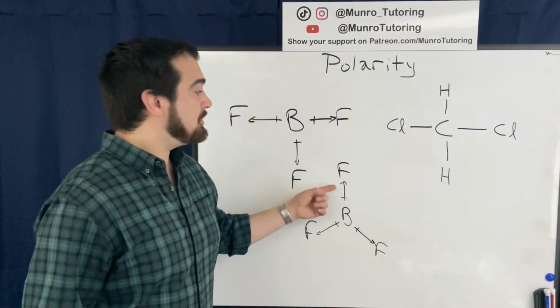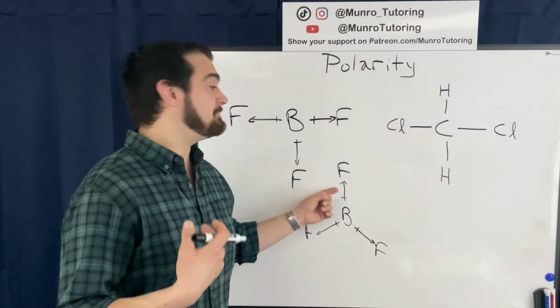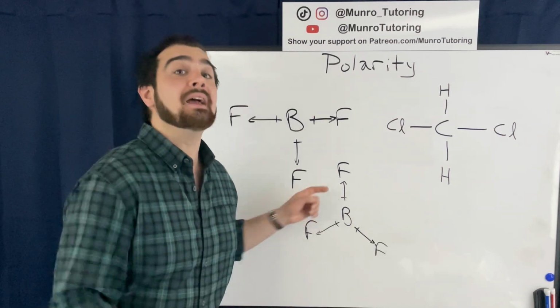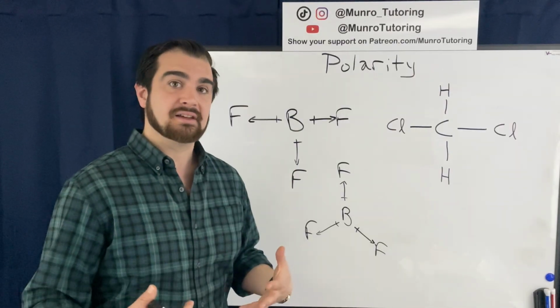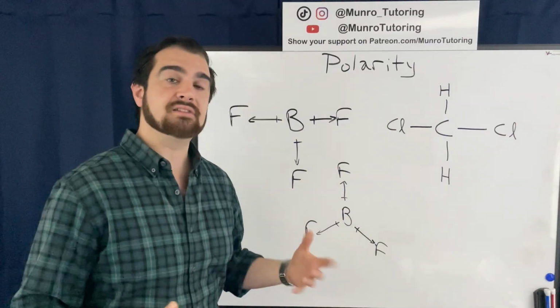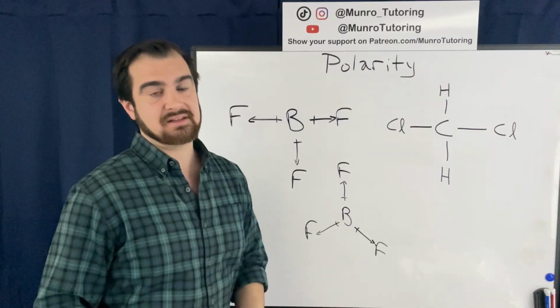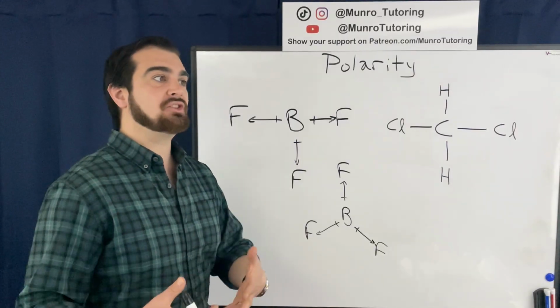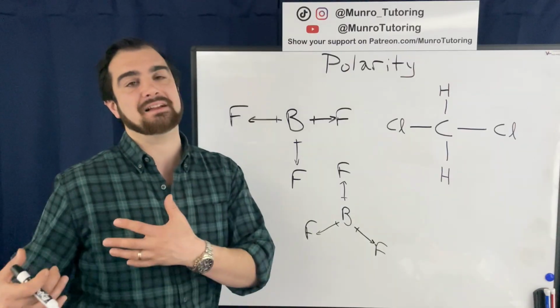So we have polar covalent bonds because the sharing of the electrons in the bonds is unequal. And the electrons are going to be pulled towards the more electronegative elements. So the electrons are going to be kind of crowded towards the fluorines. But due to the fact that it's evenly distributed like this, not one side of the molecule has an excess and the other side a deficiency in electrons.